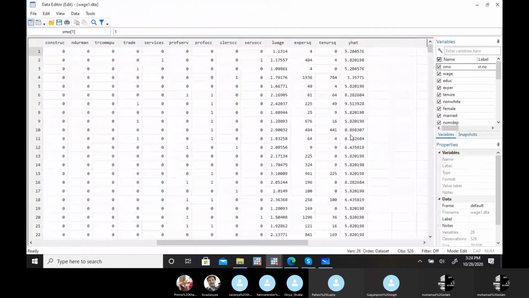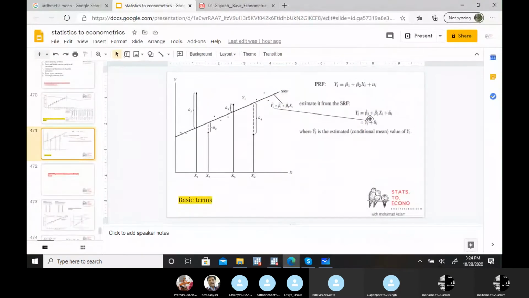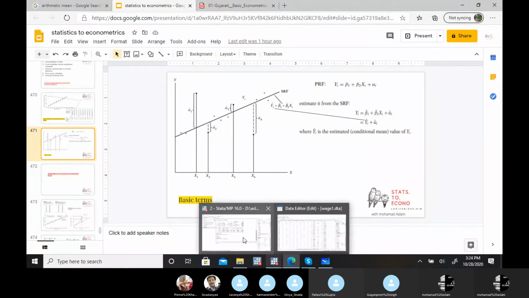Now what is this y hat? This y hat is this particular part, beta 1 hat plus beta 2 hat multiplied by x. All these individual values on this line are y hat.